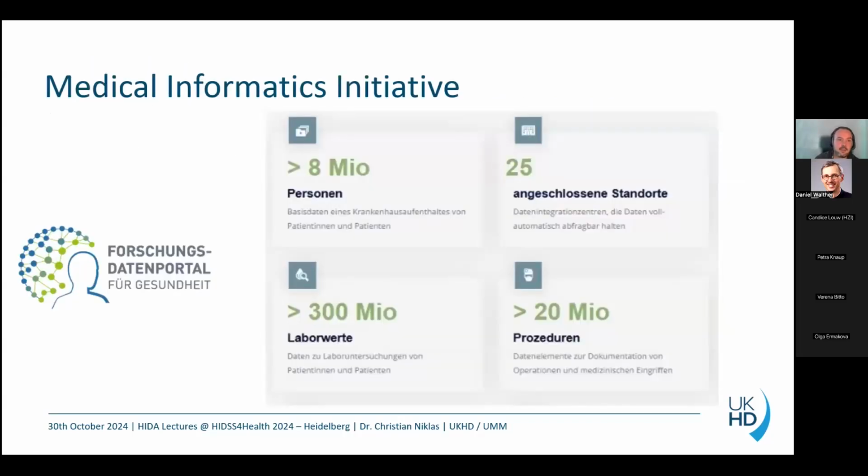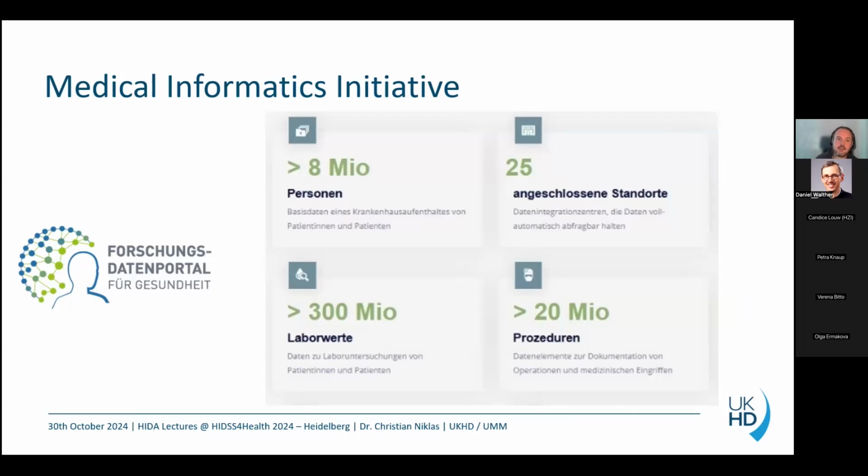Yeah. I also wanted to have a look at the things that have been managed, like the outcomes that have been reached with the medical informatics initiative that has been running for years.